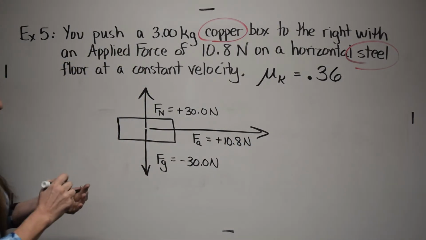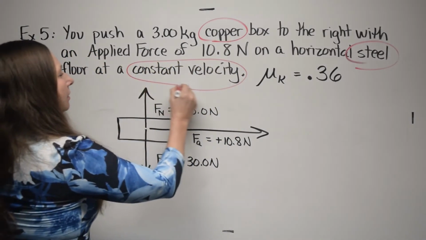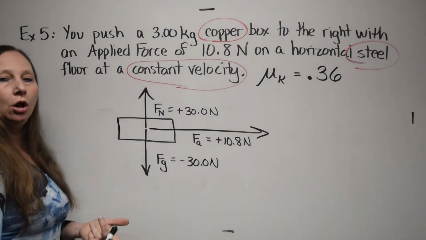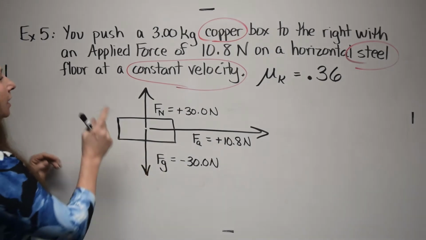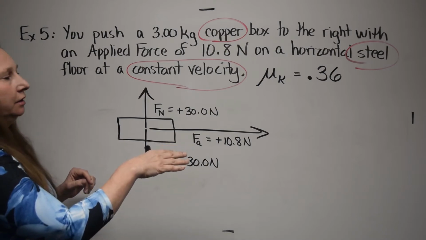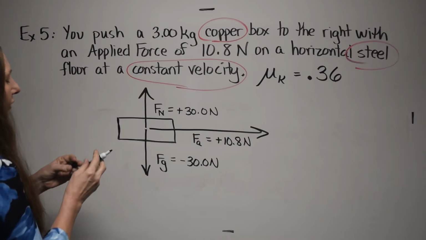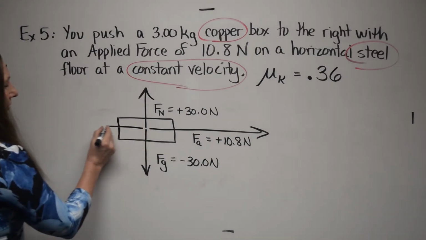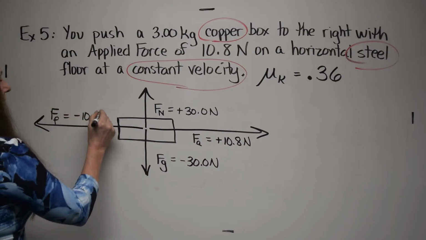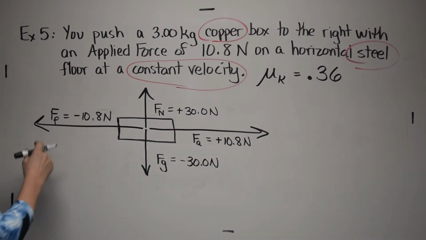Now, since the box is traveling at a constant velocity, remember, we are drawing all of the forces on the box. Since the box is traveling at a constant velocity, the net force in that dimension is 0. So that means the friction must be Ff equals negative 10.8 newtons. The applied force to the right, the friction to the left.